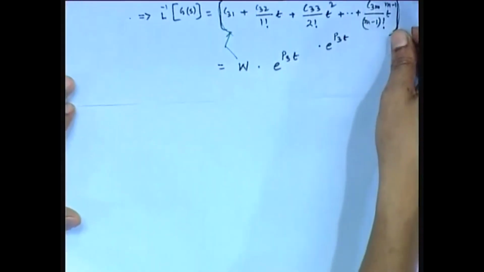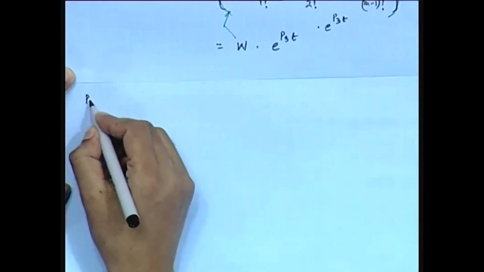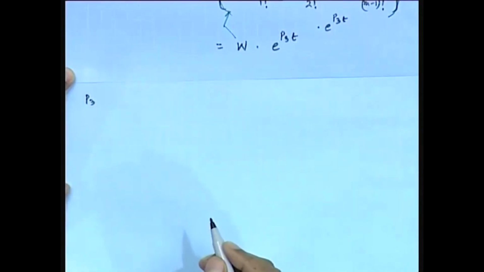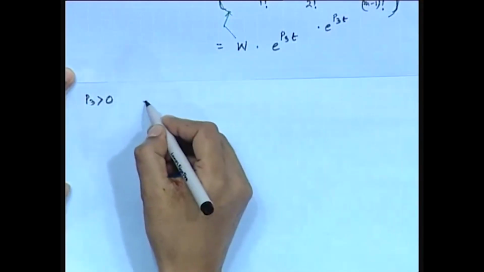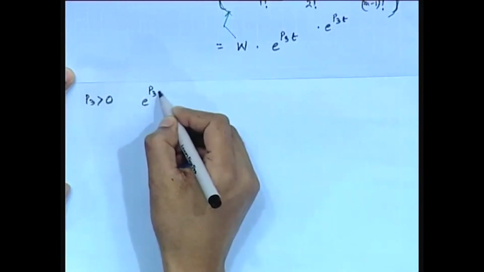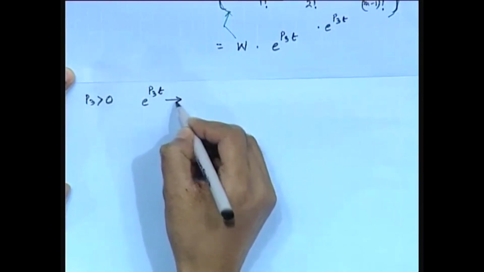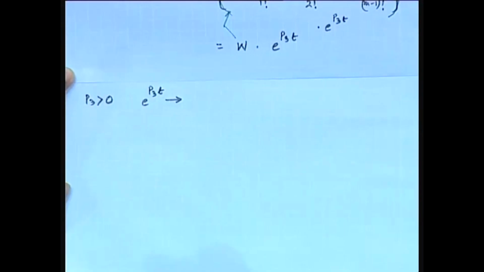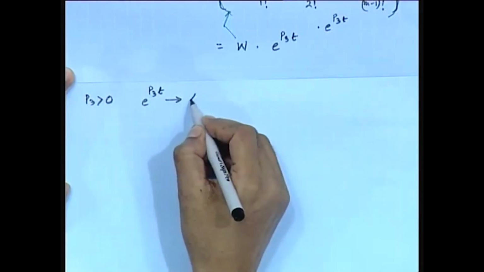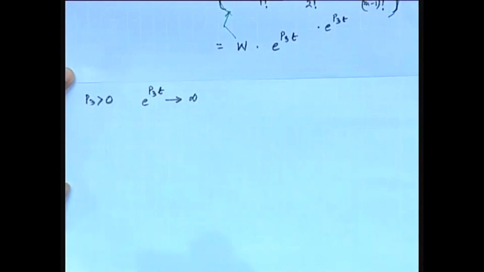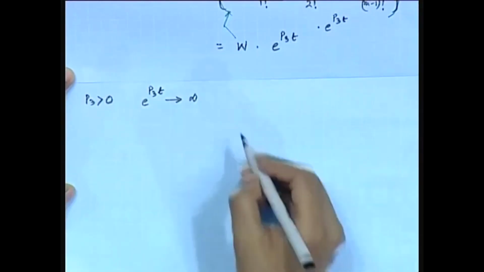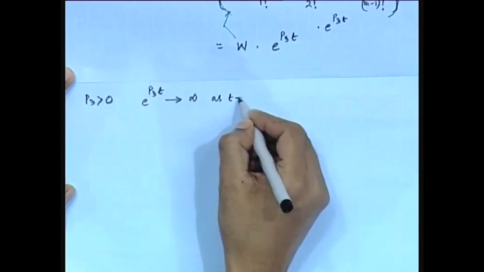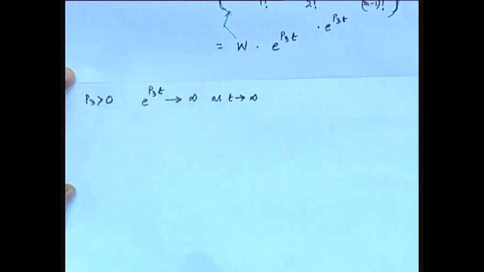So, next we will consider P3 greater than 0. Then exponential of P3 t grows to infinity as t tends to infinity.